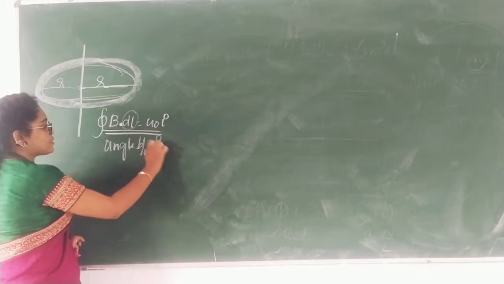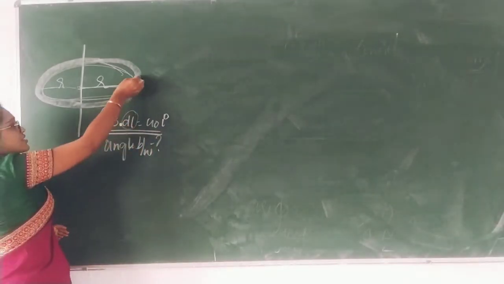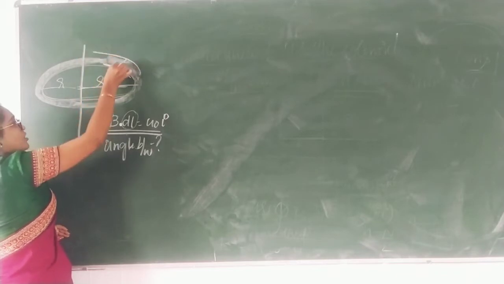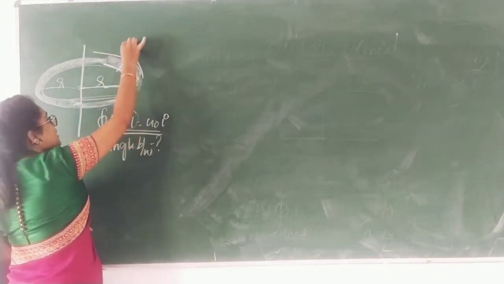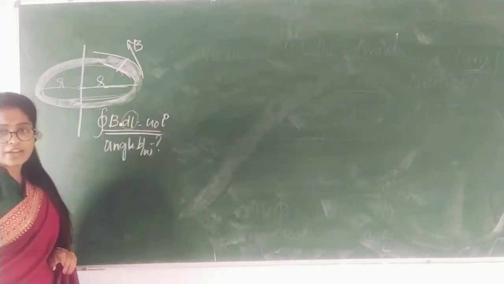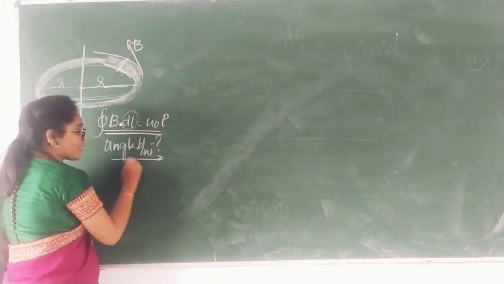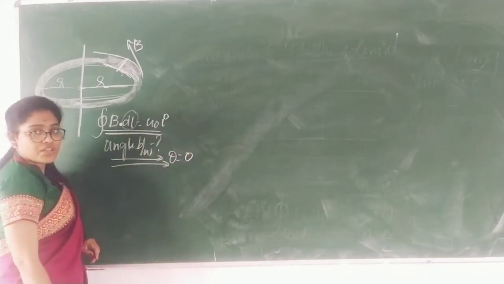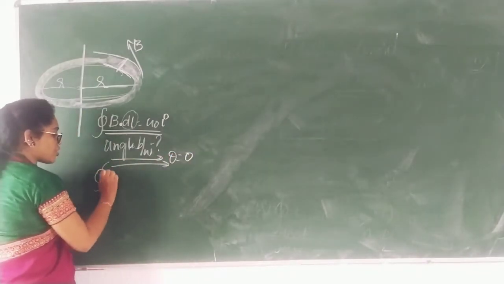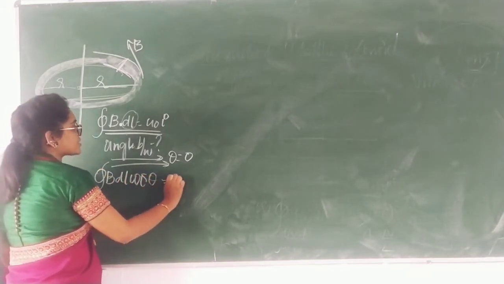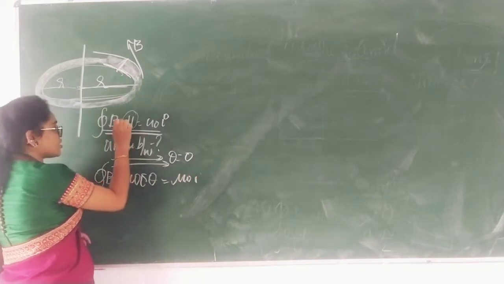The magnetic field is here, my loop is here, both are in the same direction, my dl also is like this, and my B is also in the same direction. When both are in the same direction, the angle between them is 0. Correct? That is the integration of B dl cos theta is equal to mu naught I, because it's a dot product.